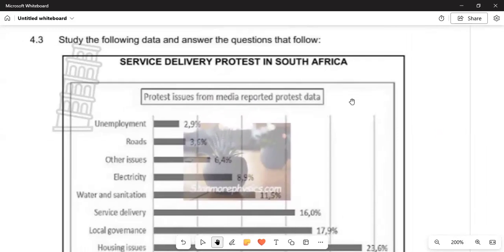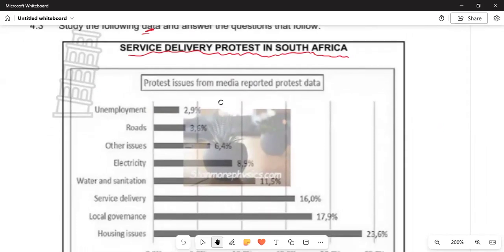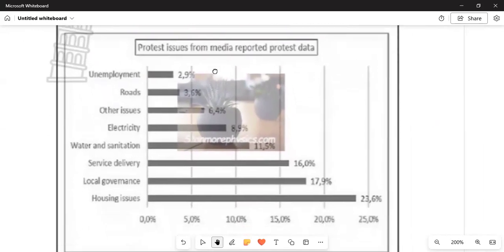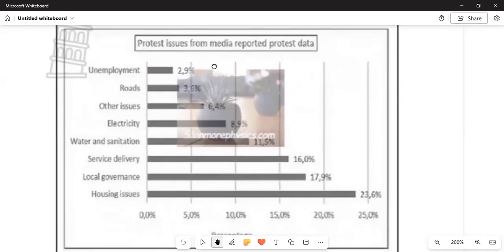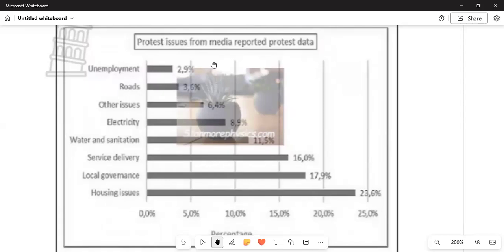4.3. Study the following data. That is a data response. Study the following data and answer the following question. Service delivery protest in South Africa. So here are the protest issues from media reported protest data.